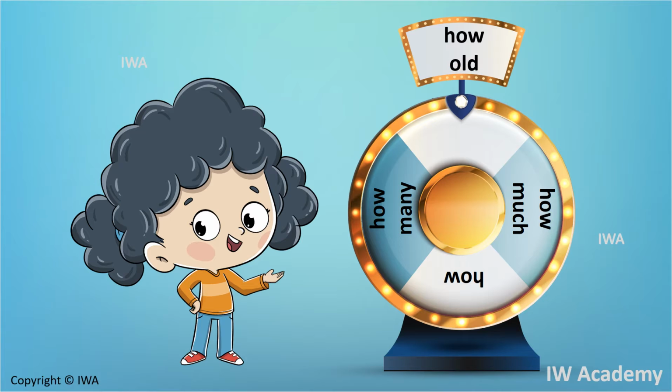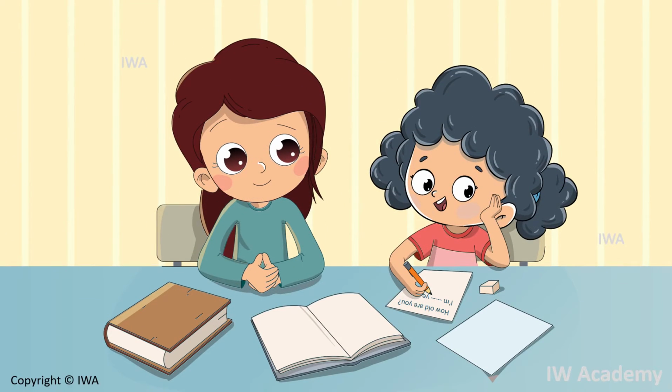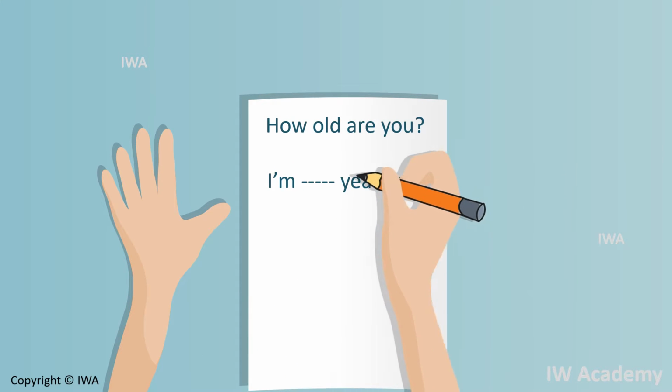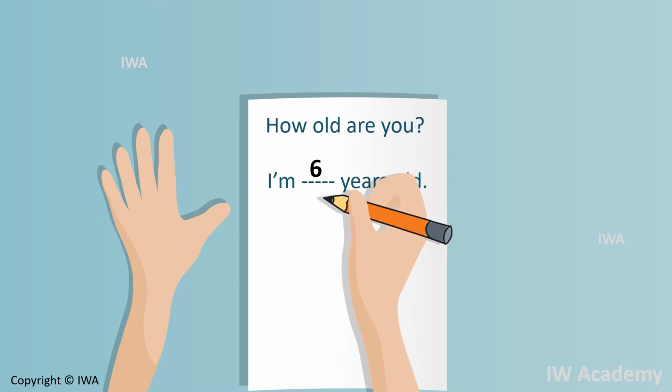How old? Do you know why we use it? Let's go through some examples to learn the use of how old. Answer this question. How old are you? I'm 6 years old.